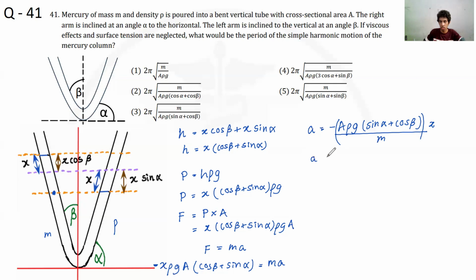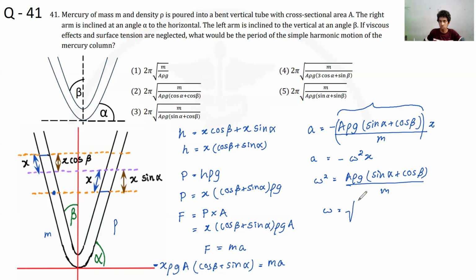You know that the acceleration is equal to minus omega squared x in simple harmonic motion. So here this whole term is equal to omega squared. Therefore omega squared is equal to A rho g (sine alpha plus cos beta) over m. Therefore omega is equal to the root of A rho g (sine alpha plus cos beta) over m.